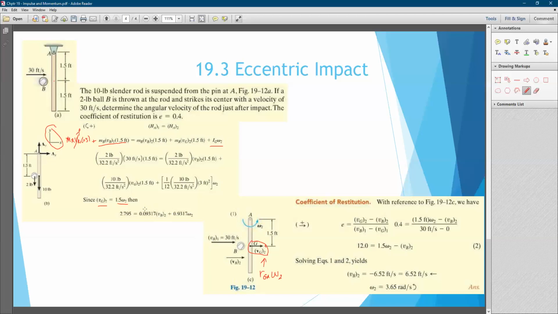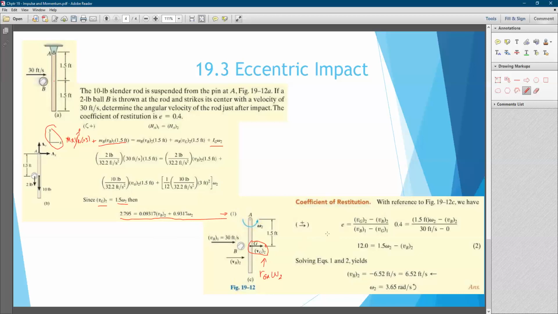After you resolve this, you will end up with equation 1. In equation 1, we have two unknowns, which are the ball velocity after impact and the angular velocity of the rod, because the rod will swing.